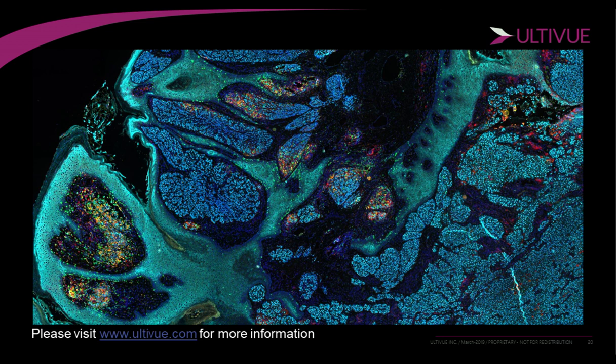If it's referring to serial sections, maybe two separate serial sections of that lung tumor, our software is not designed to handle that, but there are other ones available on the market that can do that, I believe. But I'm not sure how well those other softwares outside of Ultivue actually perform at doing that.